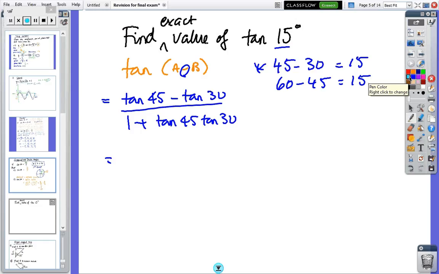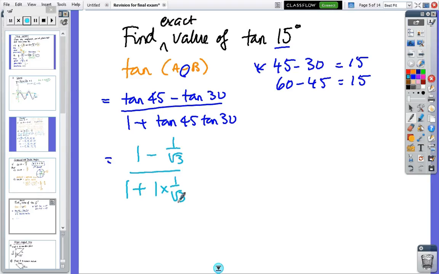At this stage, tan 45 is 1, tan 30 is, sorry, not root 3, it's 1 over root 3. Over 1 plus tan 45 is 1, tan 30 is 1 on root 3. Okay, so at this stage, if you can't figure out what to do, you just leave it like that, but there's a bit of simplifying to do.